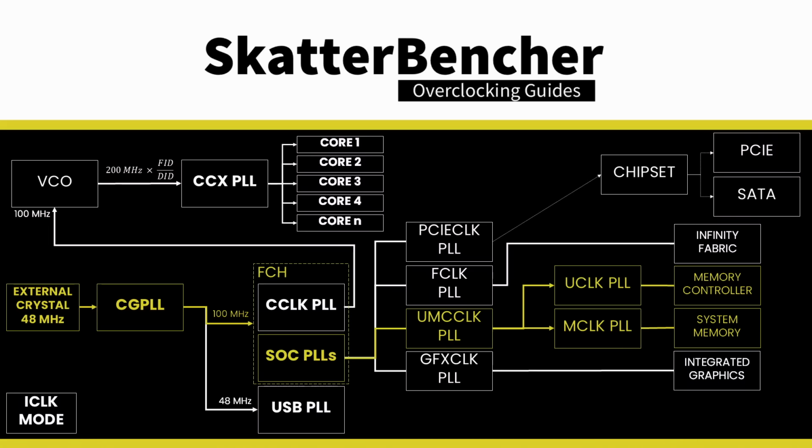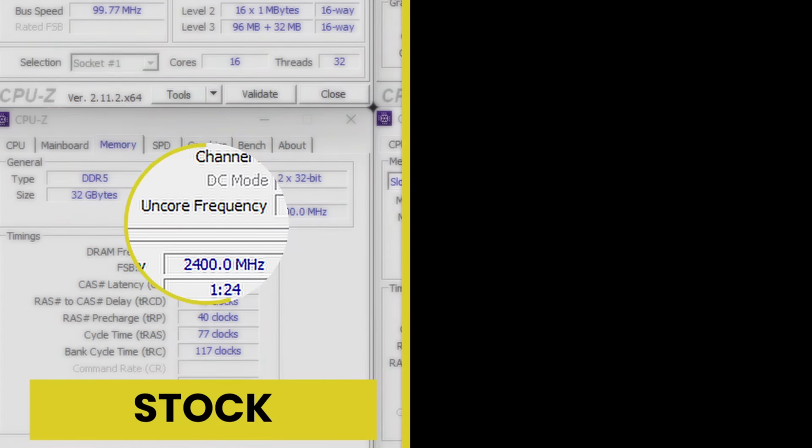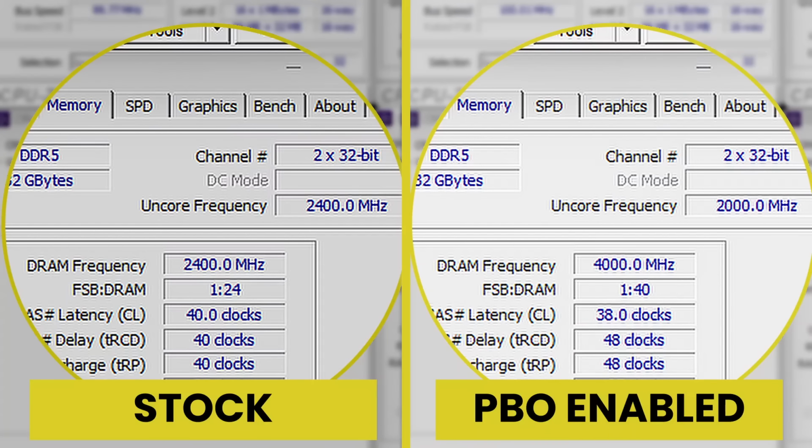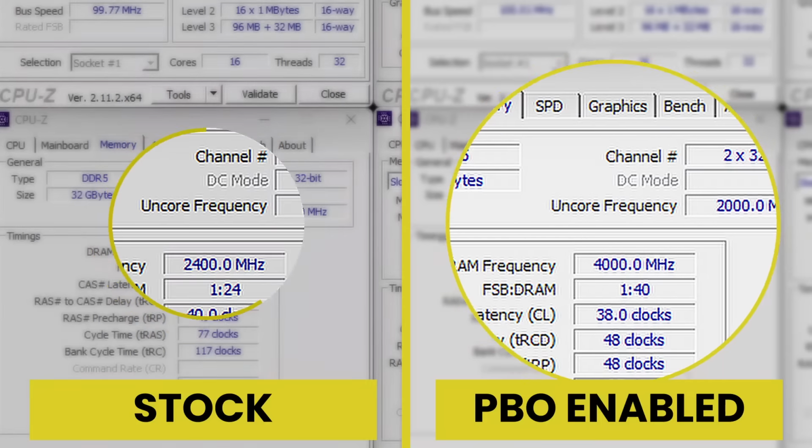The memory controller frequency is tied directly to the system memory frequency. It can run either at the same or half its frequency. At default, the memory controller runs at the same frequency as the system memory at 2400 MHz. However, we find that when enabling EXPO, the motherboard auto rules will automatically drop the memory controller frequency to half the memory frequency.